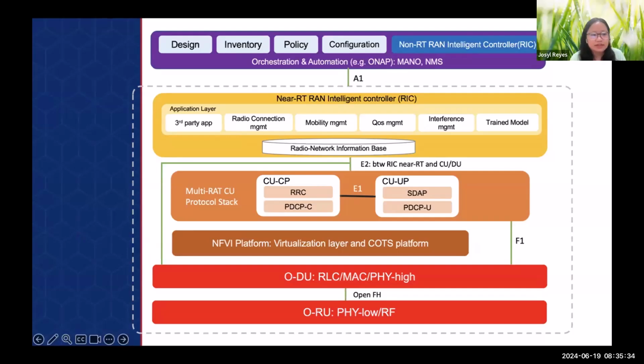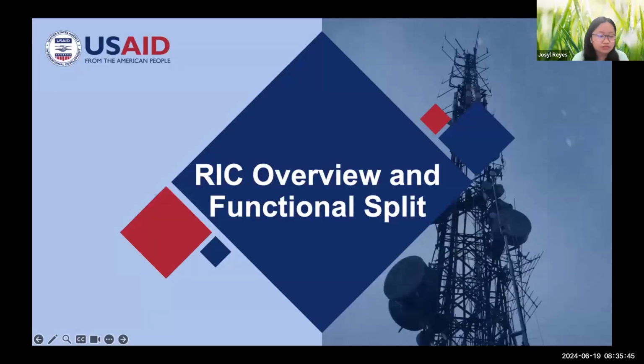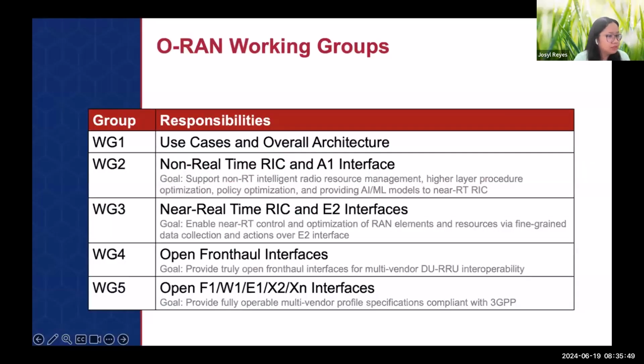Okay, so I hope we reviewed our ORAN architecture, and now let's proceed to the RIC overview and functional split. Remember as well, in the ORAN Alliance, there are a lot of working groups assigned to do different activities.